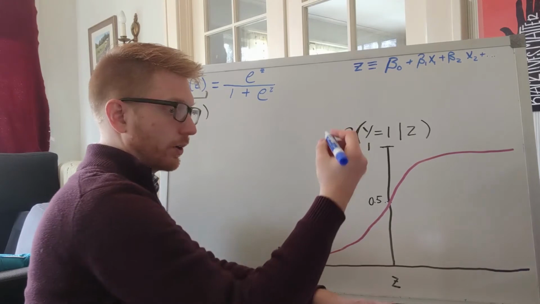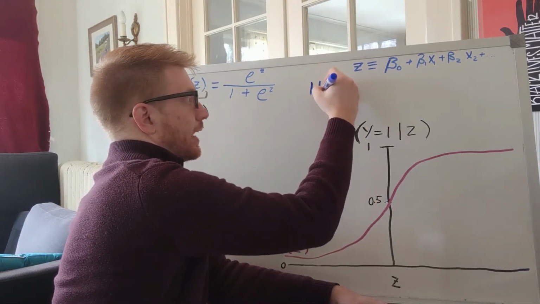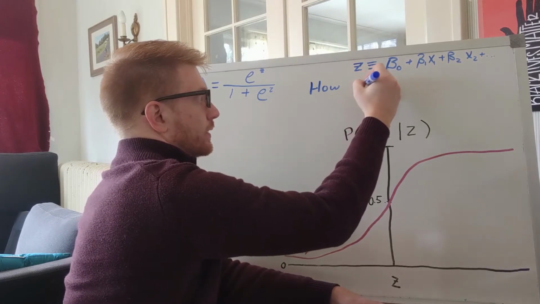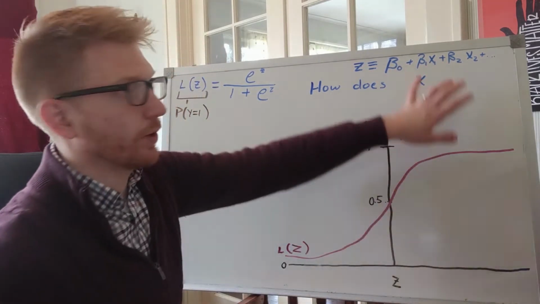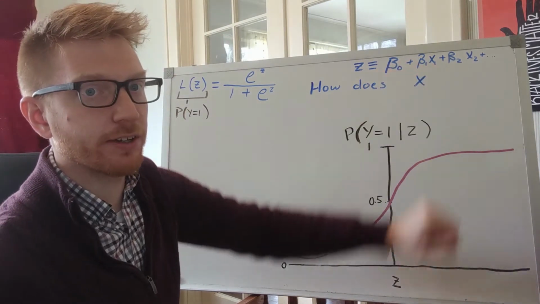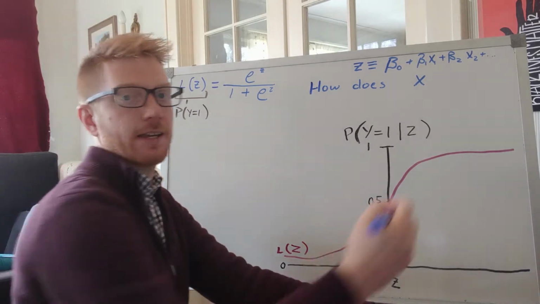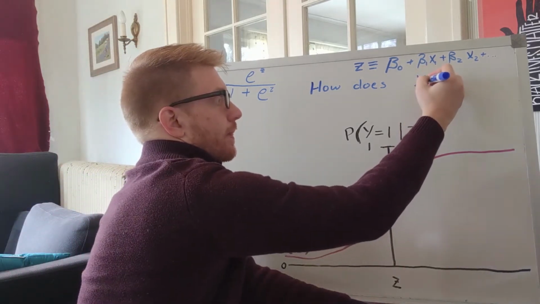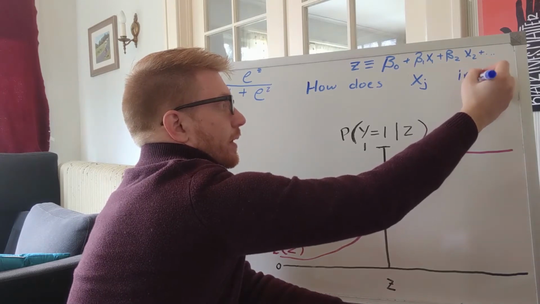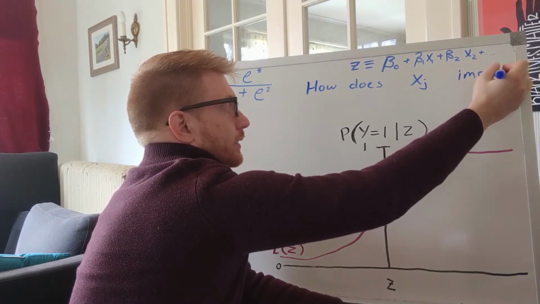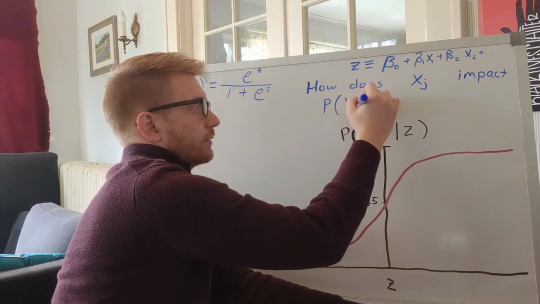So what we are going to ask here is, how does x, we could ask it about any particular x, so I am going to use the subscript j, impact the probability that y equals 1.